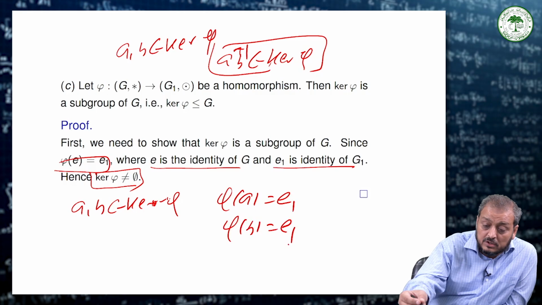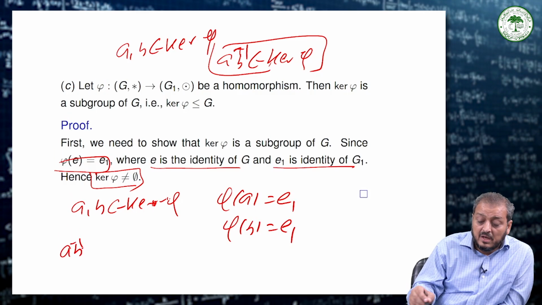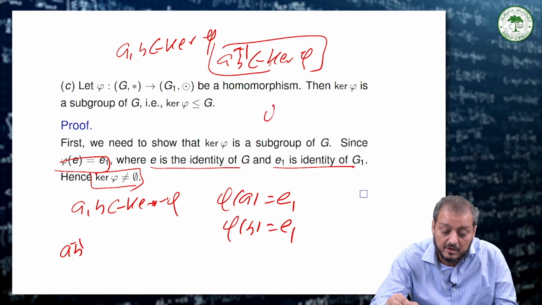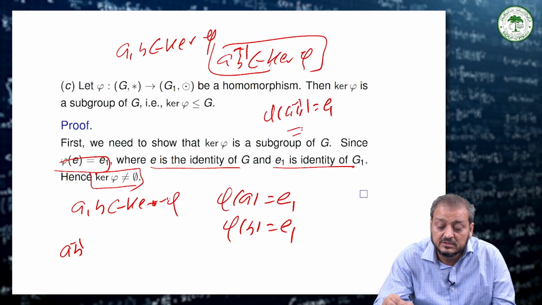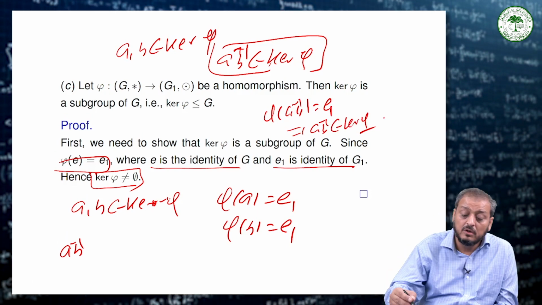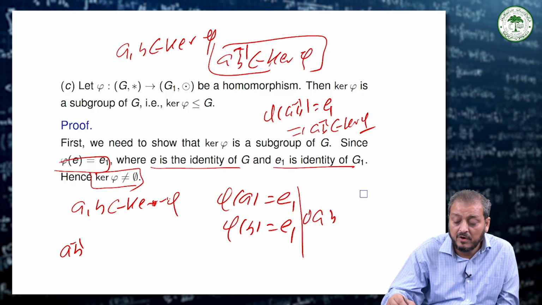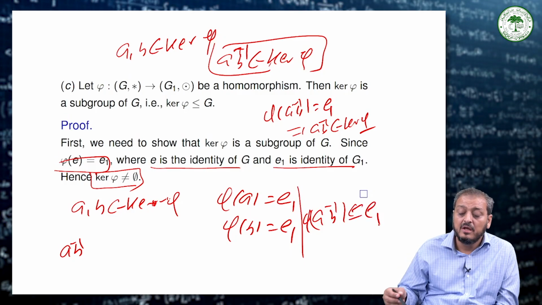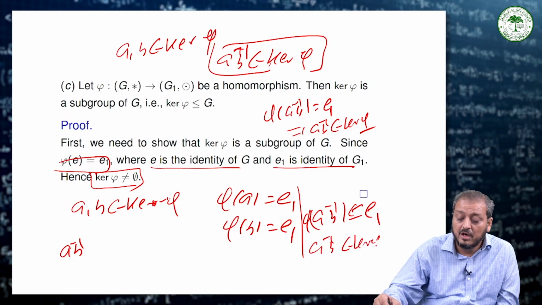Because we have to show that A B inverse is in the kernel, if we show that phi of A B inverse is equal to the identity, then we can say that A B inverse is an element of the kernel of phi.